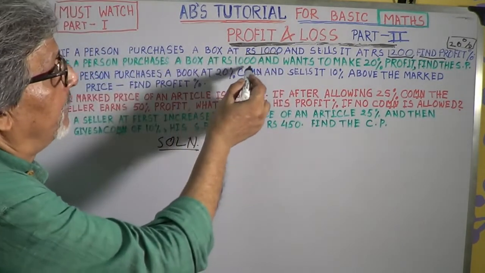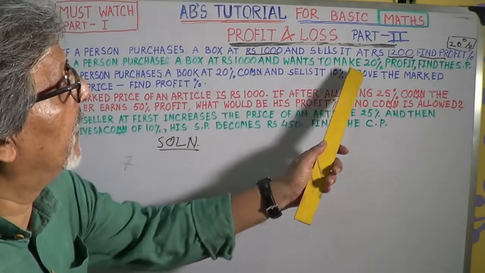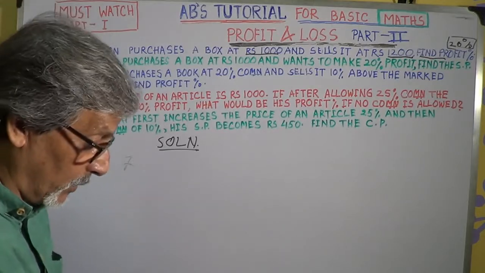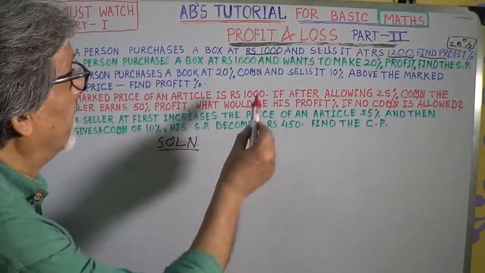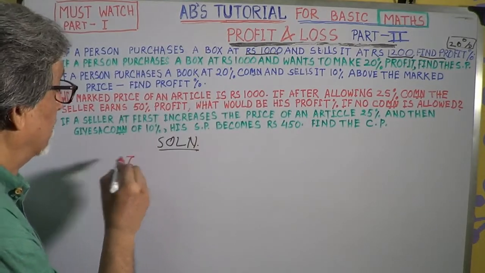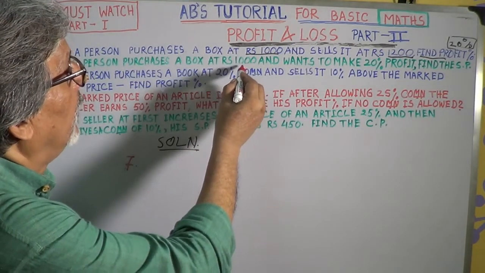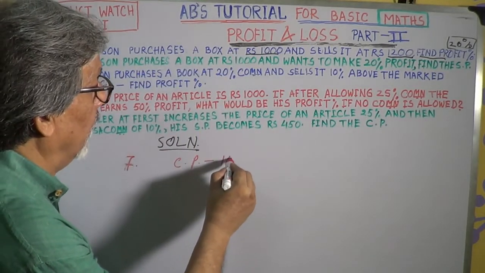Here the person purchases the box, same thing, rupees 1000, and wants to make 20% profit. So in number 7, rupees 1000 is CP.